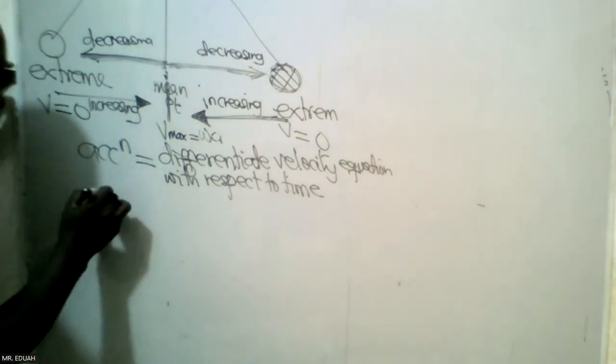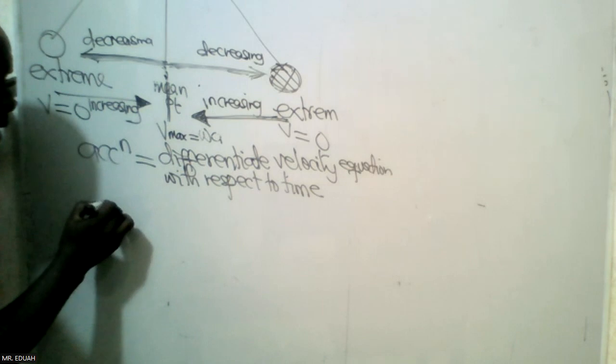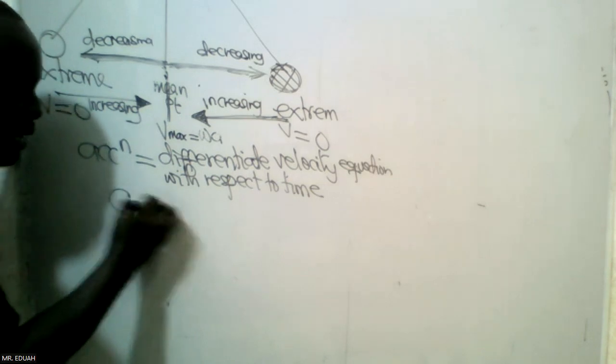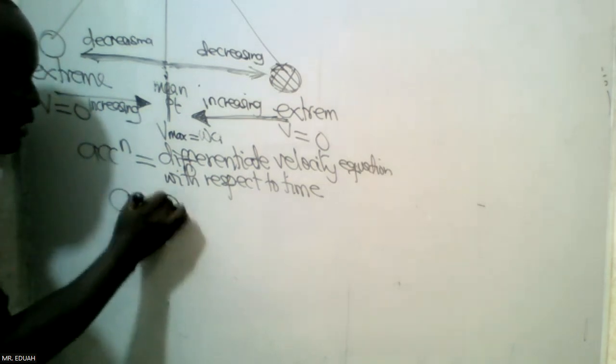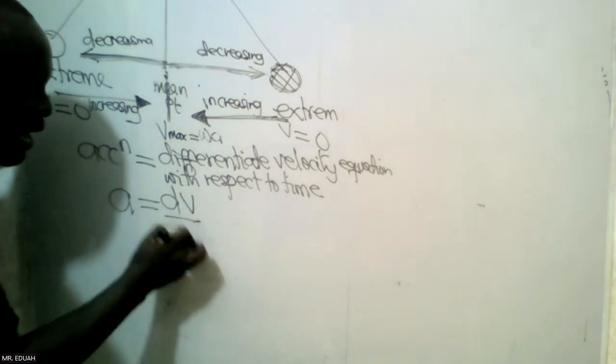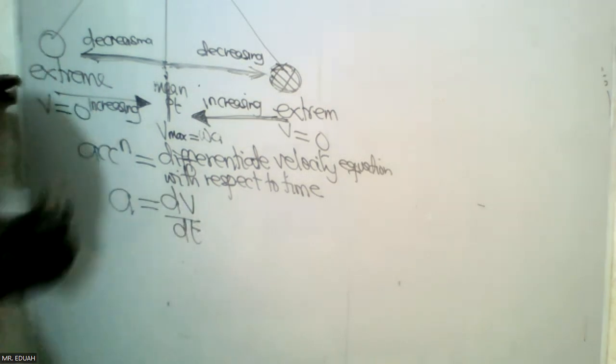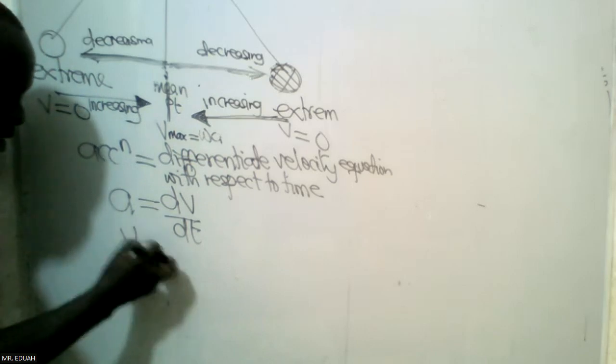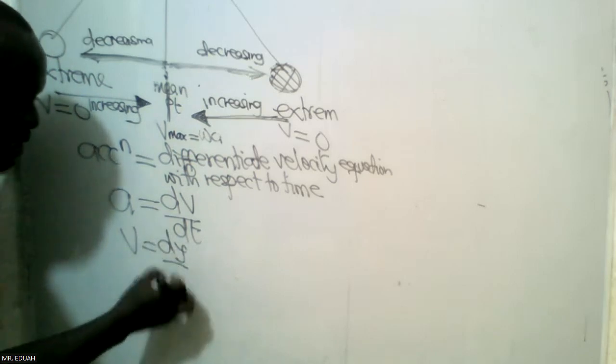So let's represent acceleration by the letter a. a is equal to dv over dt. Don't forget, we earlier saw that velocity is equal to dy over dt.